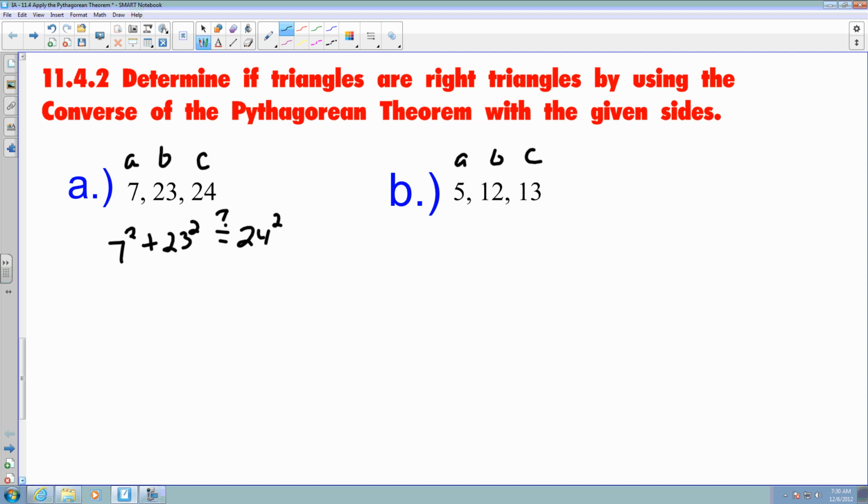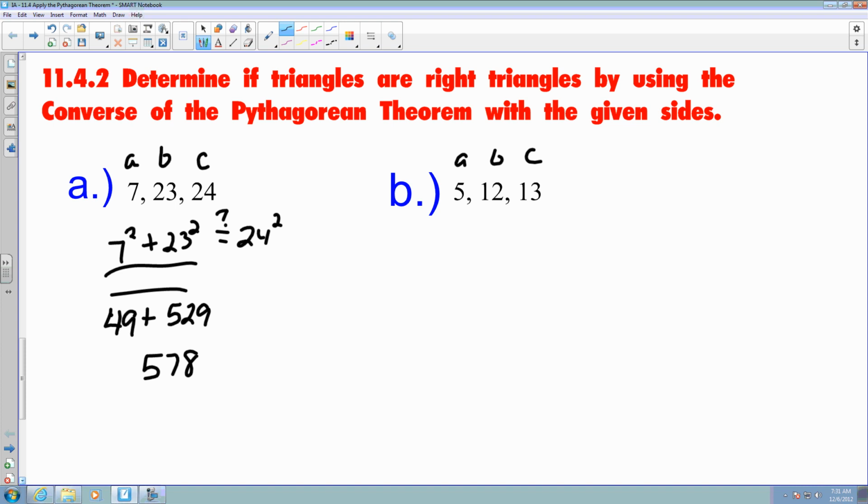Let's just look at the left-hand side of the equal sign first. 7 squared is 49, and 23 squared comes out to 529. If I take 49 and add it to 529, that gives me a total of 578.